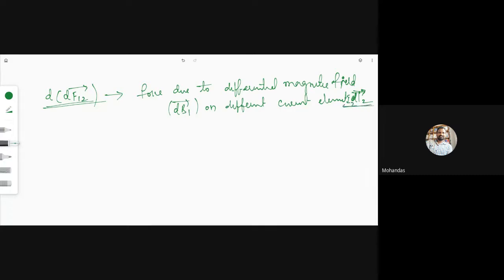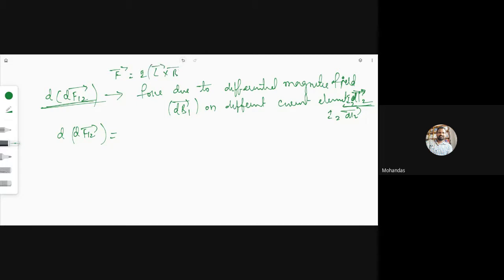You have to write I2 into DL2 is the what? D of dF12. D of dF12 equal to, what is the formula here? Previously we derived, right? Force equal to I into L cross B.